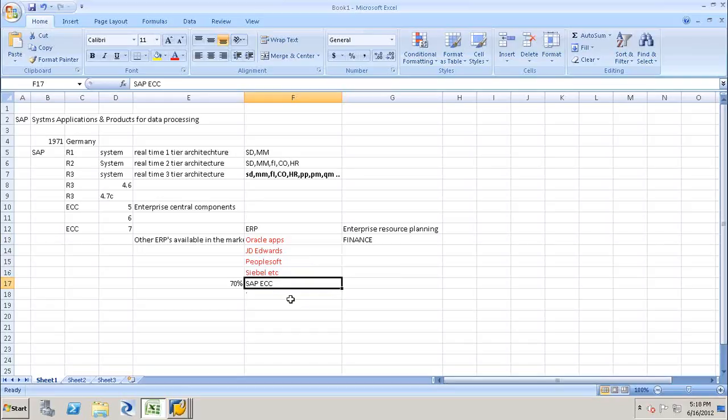So customers can use it, and there is no impact, there is no loss of business. But in these ERP packages, that integration was not successfully implemented. That's the reason why all together they have captured only 30% of the ERP market.